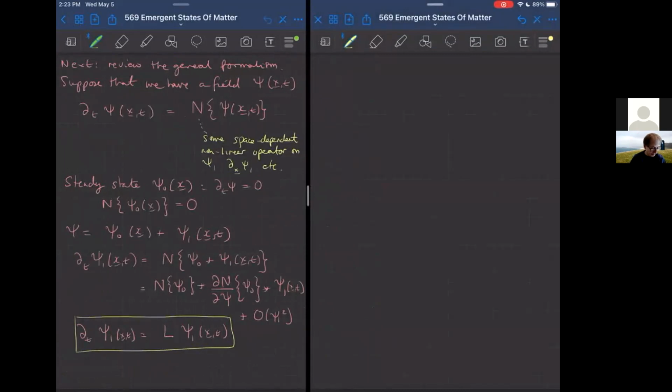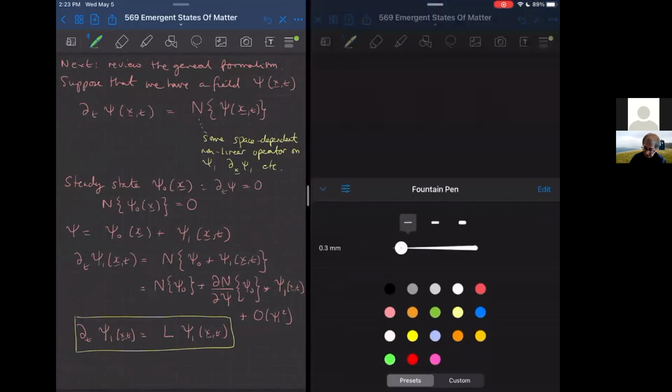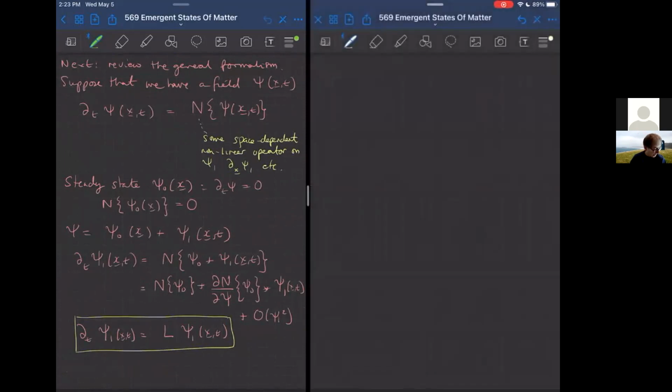Okay, so now let's talk about what happens when we start to look at the stability. So when we look at stability, what we try to do is write down psi 1 as some amplitude times e to the i (k dot x plus omega_k t).